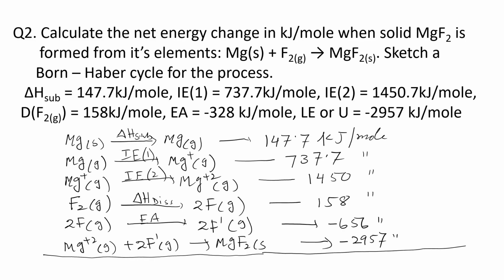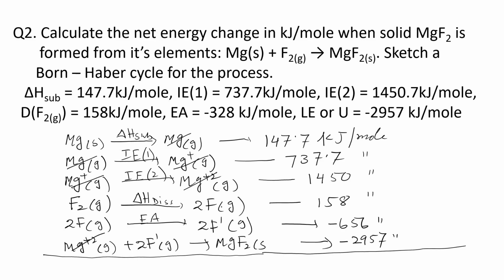Just to add it, what we are getting, look here: magnesium gas on this side and the opposite side gets cancelled. Magnesium plus gaseous on this side and the opposite side gets cancelled. Then your magnesium plus 2 gas on this side, and here also the opposite side cancels. Then what else is getting cancelled?